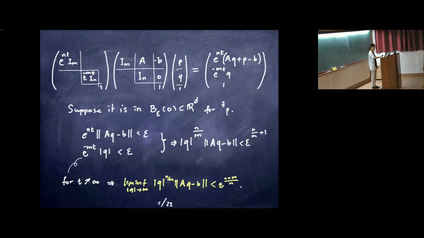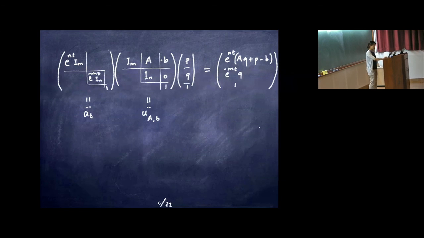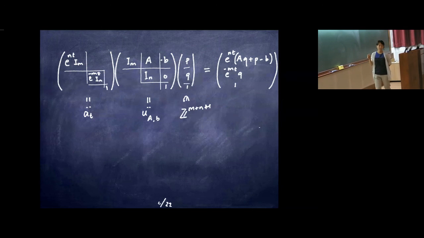Okay, so let's give some names to these matrices. The first diagonal matrix will be our diagonal flow, a_t. The second will be u_{A,b}. And the third is an integer vector, so it is in Z^{m+n+1}. But we don't really want to think of this as an (m+n+1) lattice.